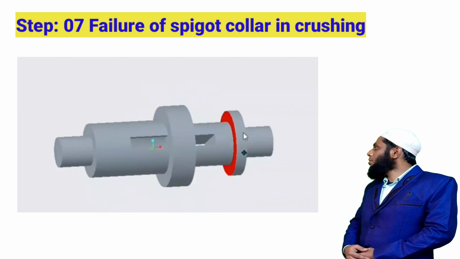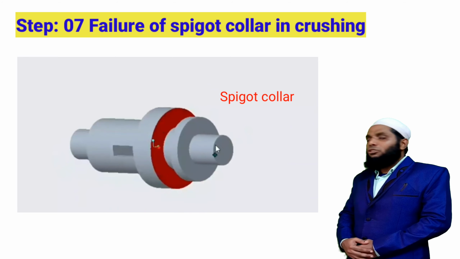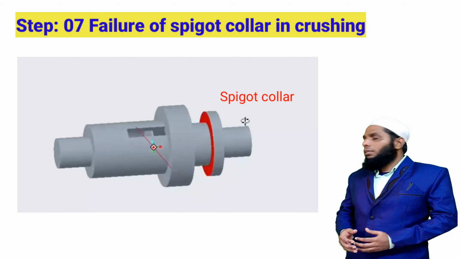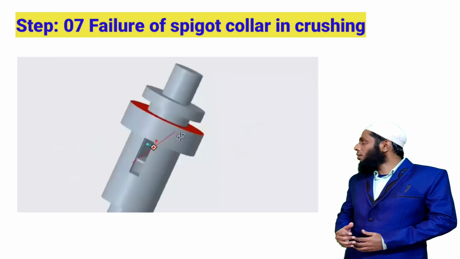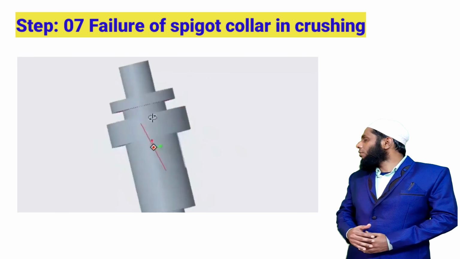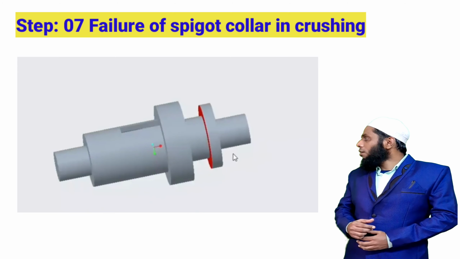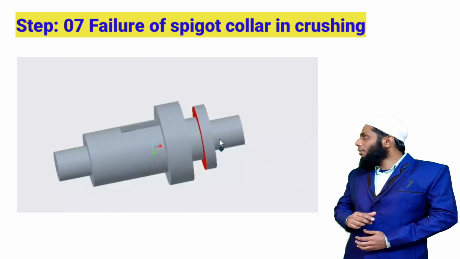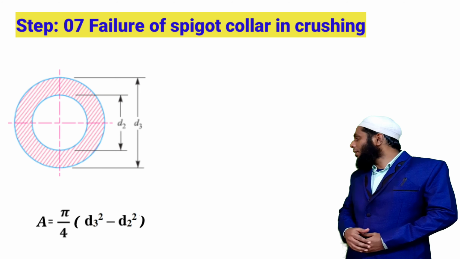Step number 7 is failure of spigot collar in crushing. As we know, both the faces of socket collar and spigot collar come in contact with each other. So the area of that spigot collar which is in contact with socket collar is going to crush. You can view that area.